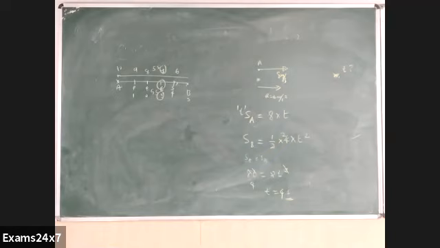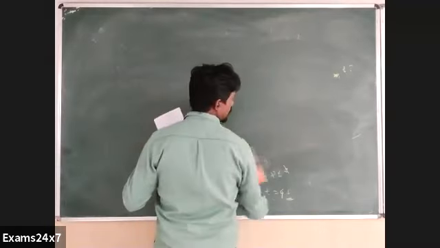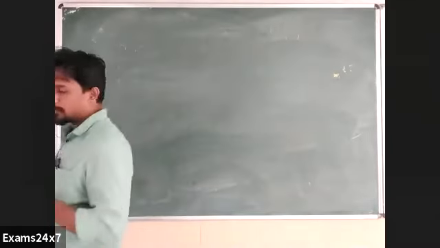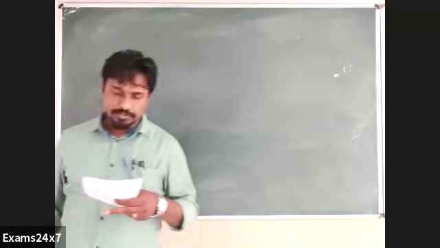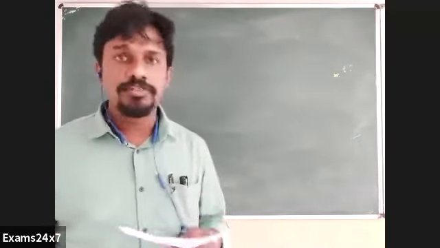Eighth question. Two bodies, A and B, start from rest from the same point with a uniform acceleration of 2 meters per second squared.